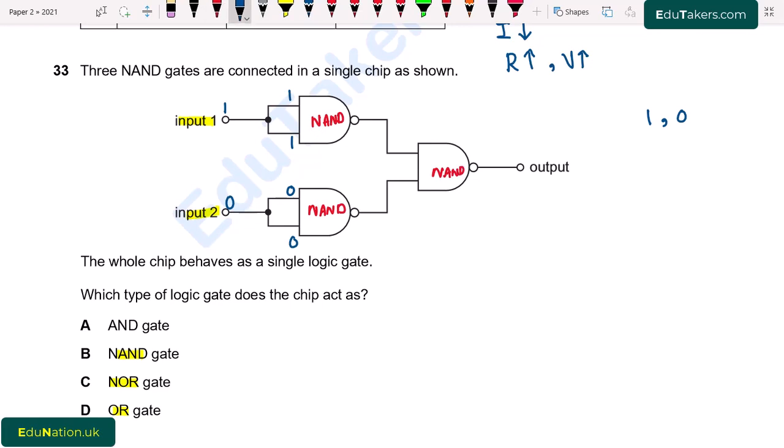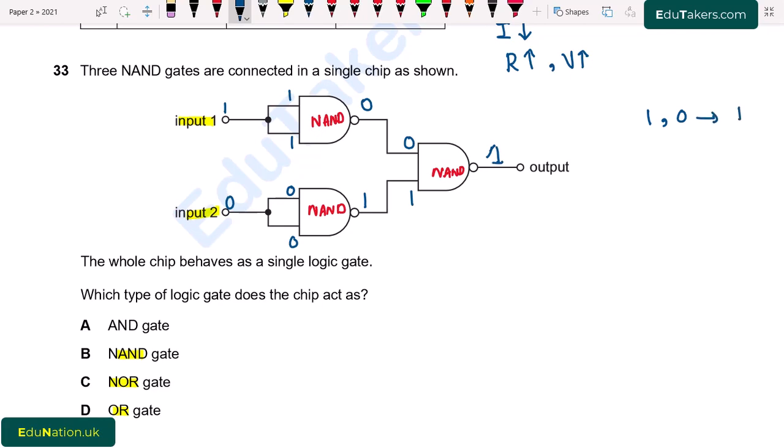NAND gate is obtained when we apply a NOT gate over the AND gate. It means that 1 and 1, when we apply NAND gate, changes into 0 and 0 and 0 changes into 1 by the application of NAND gate. This 0 and 1 are again the inputs of the third NAND gate. So it gives the output 1. So when we have input 1 and 0, the output is 1.